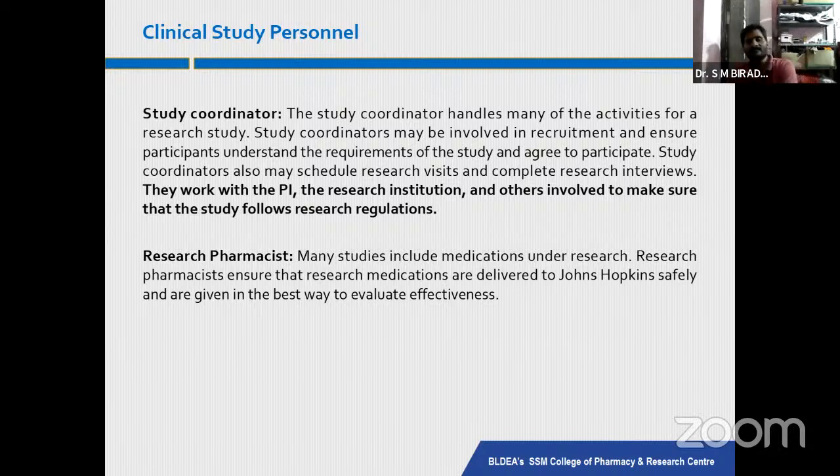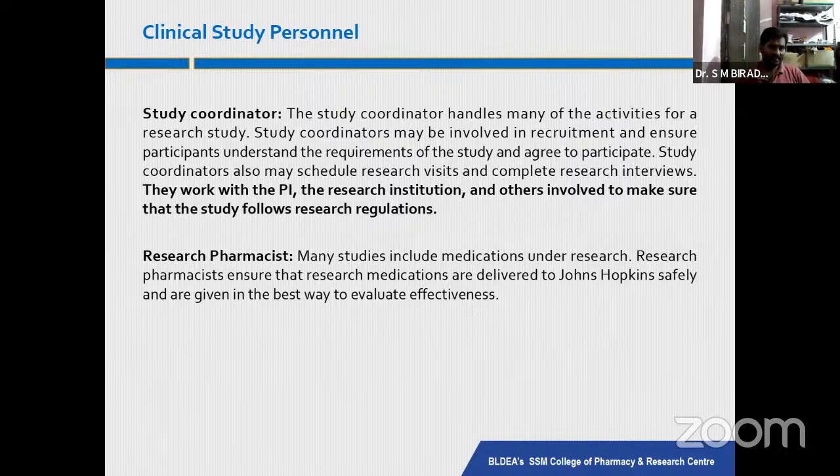And the research pharmacist. Again, the appointment of nurse, pharmacist, and study coordinator depends upon the requirement of the clinical trial type. Suppose a lot of allopathic drugs are involved in the clinical trial; obviously the research pharmacist is very important, because he knows each composition, quantity, quality, dose, administration, and kinetic property of a medicine product much more than any physician.